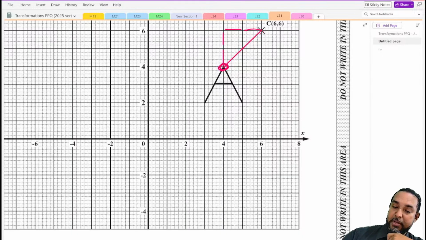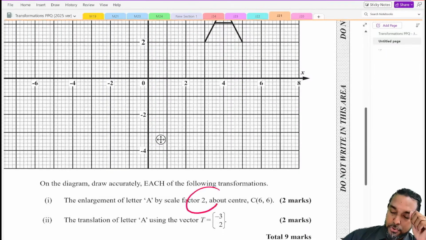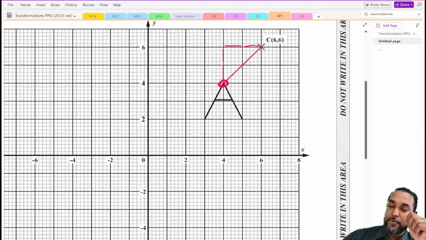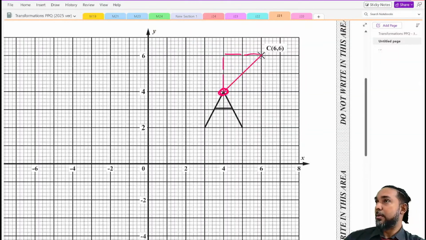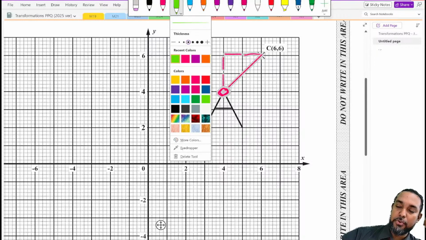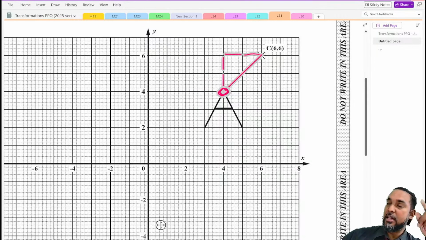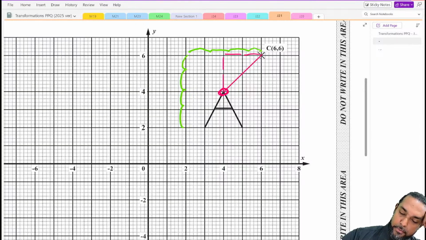So to get from the center to that original top point, you go 2 left, 2 down. So if your scale factor is 2, then you have to go double the horizontal and double the vertical to get to the enlarged point, right? So if each of those is 2 and you multiply the scale factor by them, 2 by 2 is what? 4, right? So we have to go 1, 2, 3, 4, and then go 1, 2, 3, 4 down.